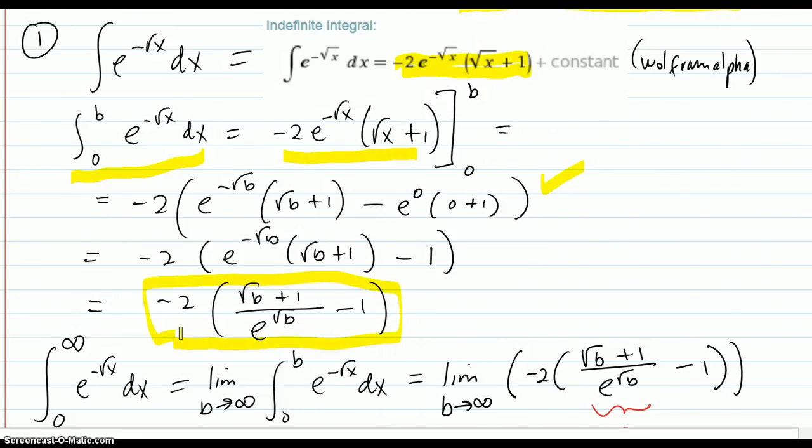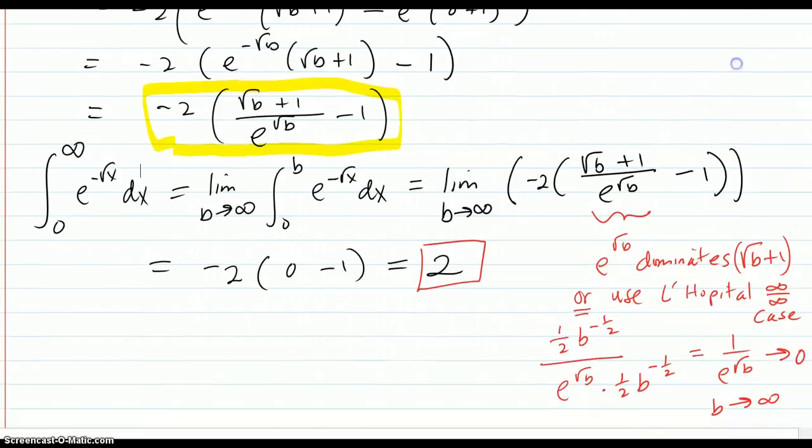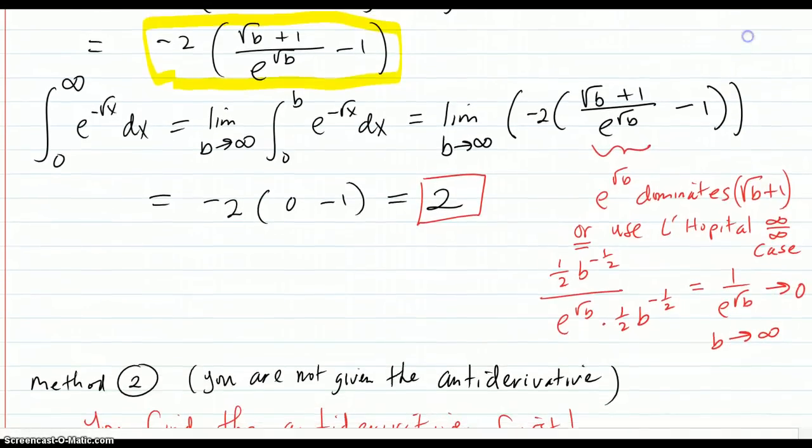Okay, that's not too bad. Then we go up here and we realize that our integral is equal to the limit as b goes to infinity. That's the definition of what this infinity means up there, which is equal to the limit as b goes to infinity of our expression that we figured out, which is this.